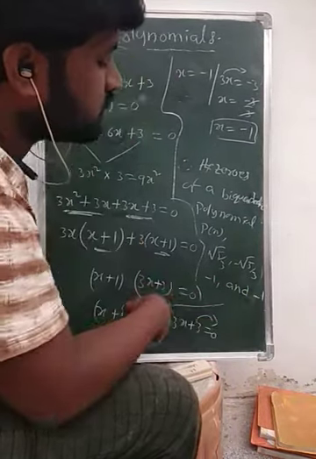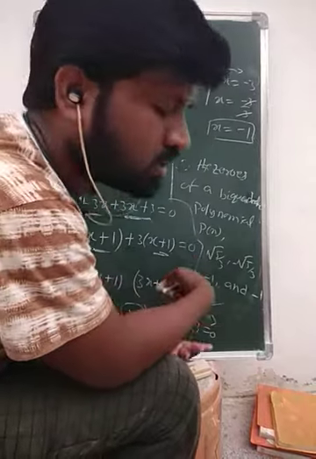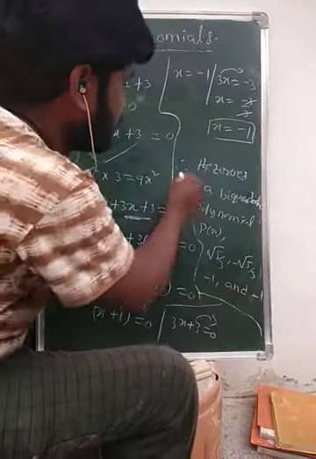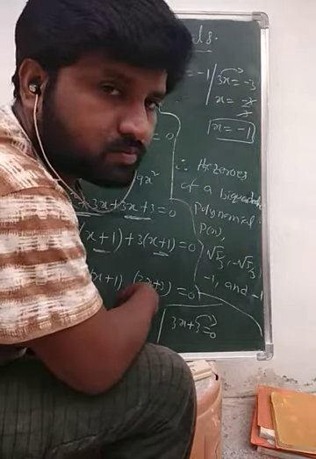These four are the zeros of the biquadratic polynomial. So this is the required answer for this question. Okay students, thank you.